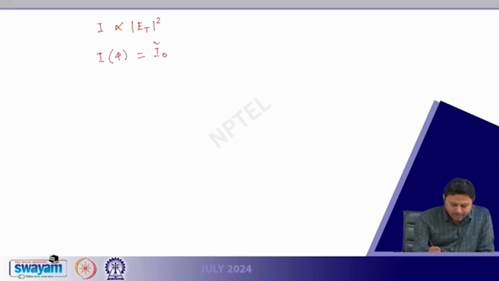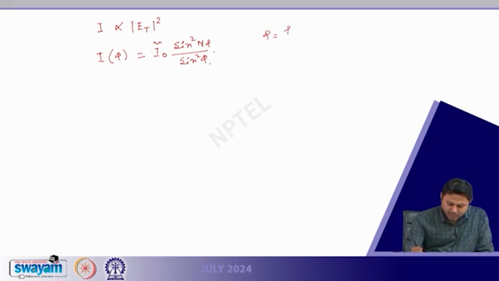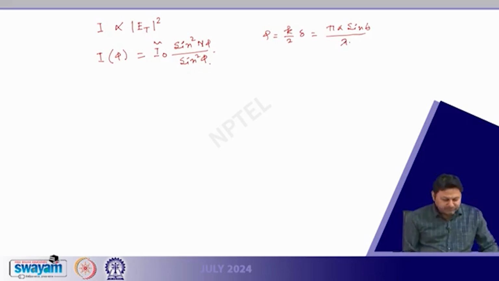The intensity is proportional to the total field mod square, and can be written as intensity, a function of phi or theta, I naught sine square n phi divided by sine square phi, where phi is equal to k by 2 delta, which is pi a sin theta divided by lambda. That we derived in the last class.